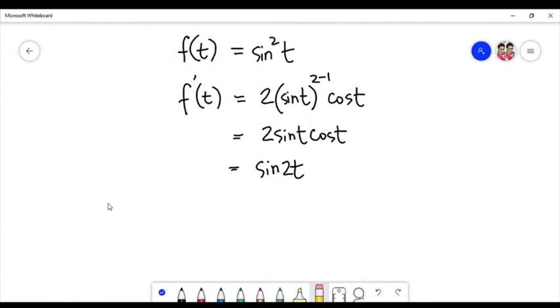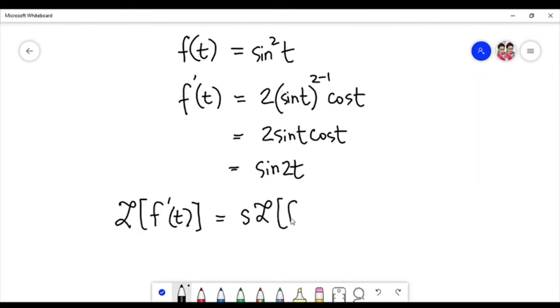The Laplace transform of f prime of t is equal to s raised to 1 times the Laplace transform of f of t, minus, we stop with f of 0. That's the Laplace transform of the first derivative.